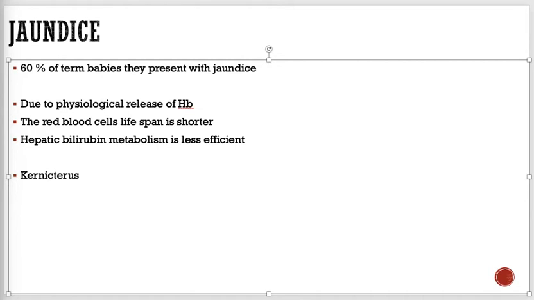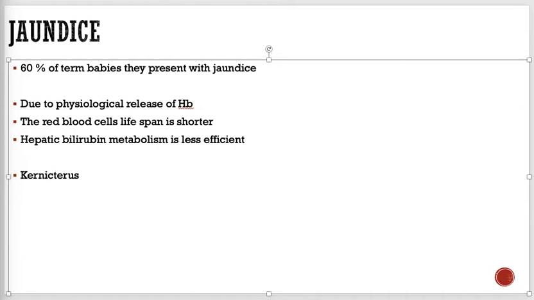So basically, whenever babies have physiological jaundice, we don't want this condition to develop. We treat the patients who are developing this type of jaundice, and we don't want their levels to increase too much, so that it can lead to kernicterus, because kernicterus will simply damage the brain.